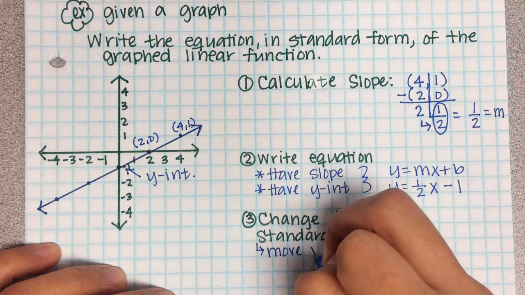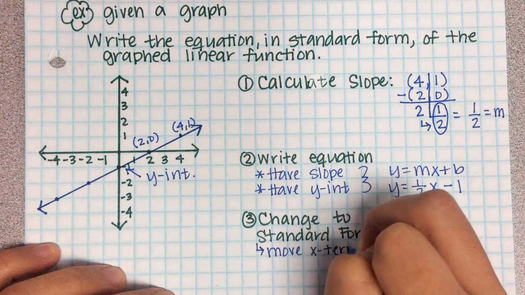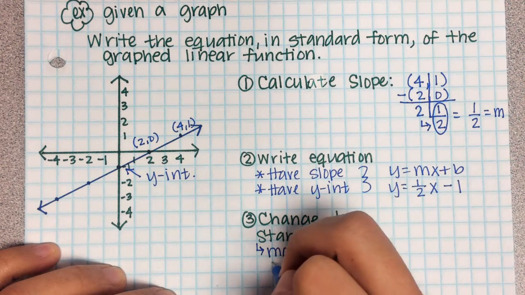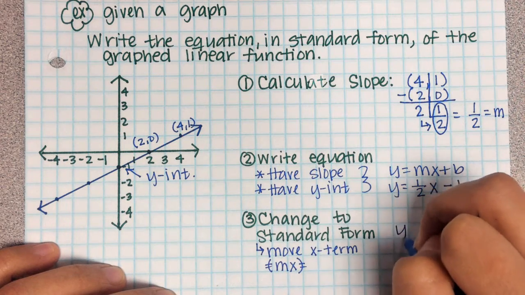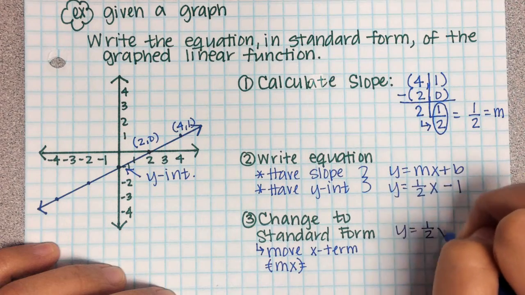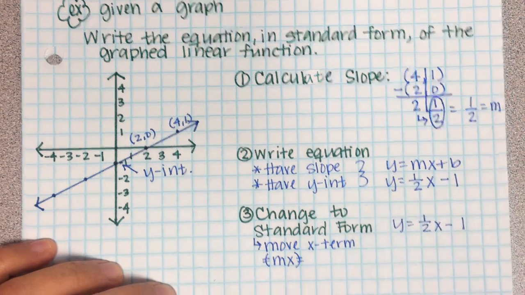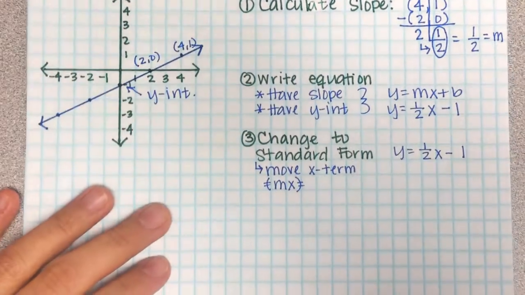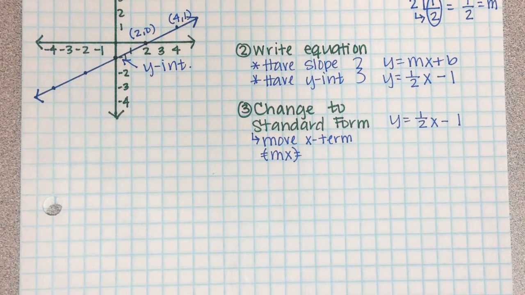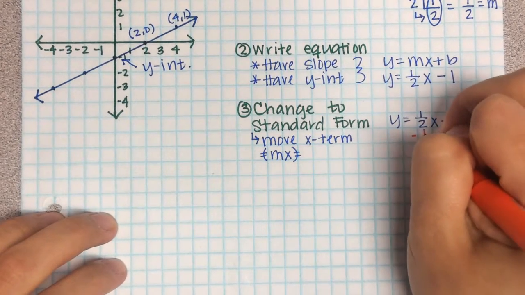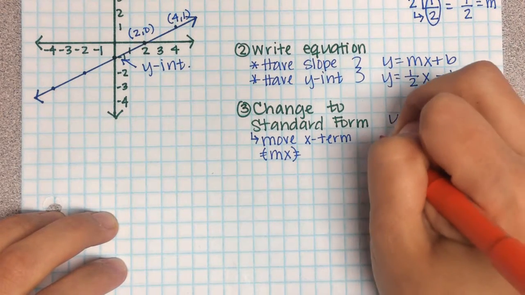So move x term is my first step. Remember, that's mx. So let's start over here. y = 1/2 x - 1. So I'm going to subtract 1/2 x from both sides.